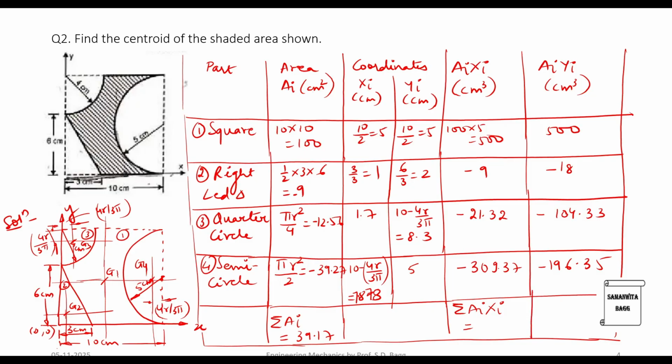Again, you can just add up these values. This is 160.31. And this is summation of AIYI, which is 181.32.